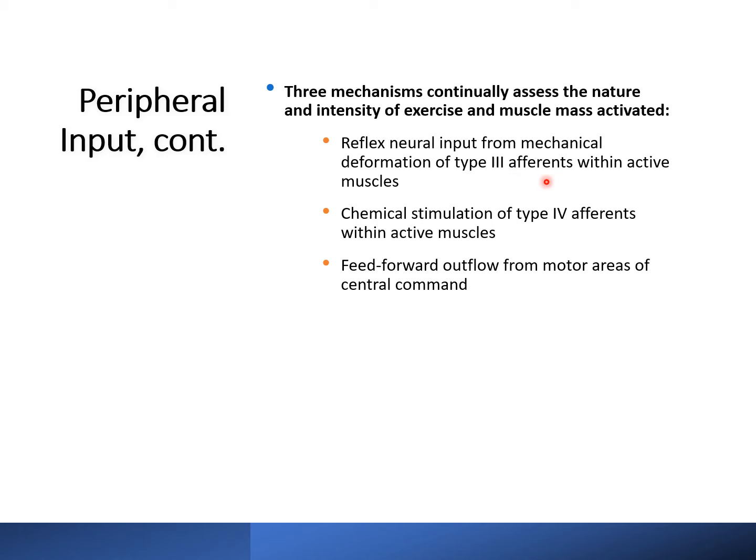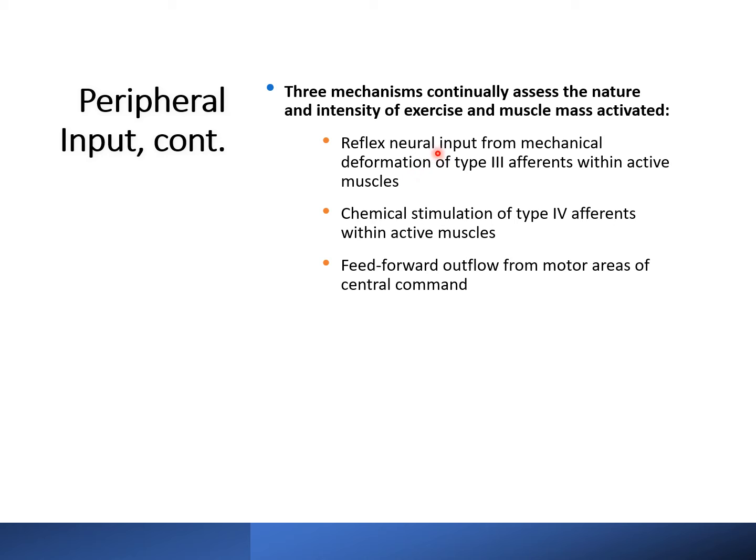When you see the word afferents, you're usually talking about nerves that are bringing a signal back up to the brain. When you get mechanical deformation of active muscles, when you are working a muscle really hard and it's changing shape, like doing bicep curls where the bicep is shortening and lengthening, you get a mechanical deformation of that muscle.